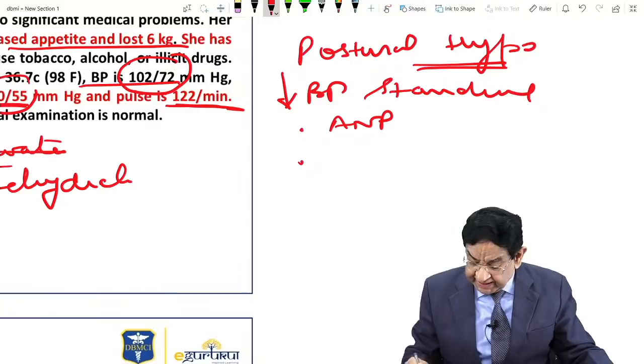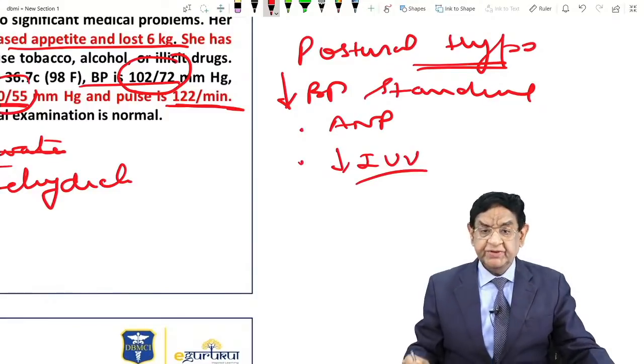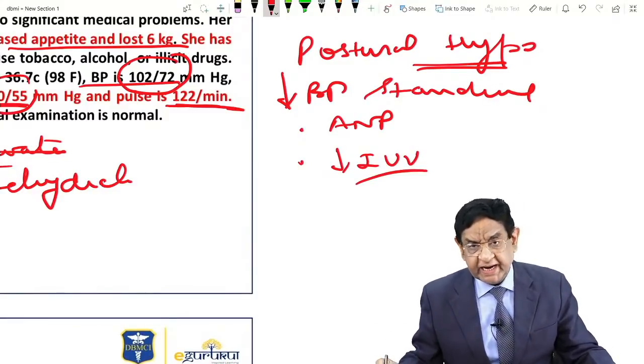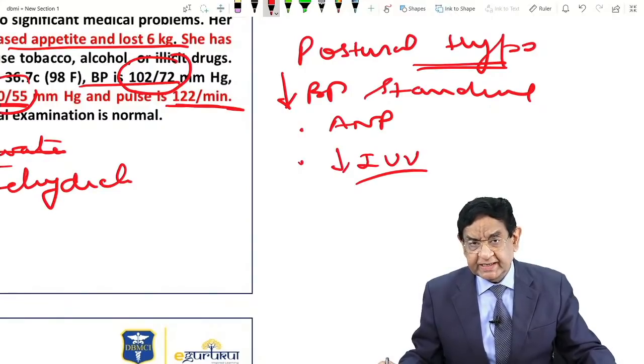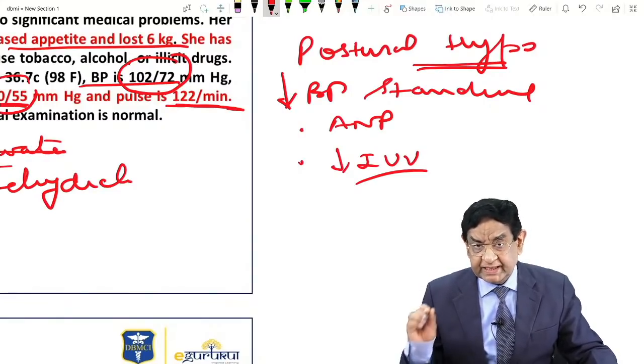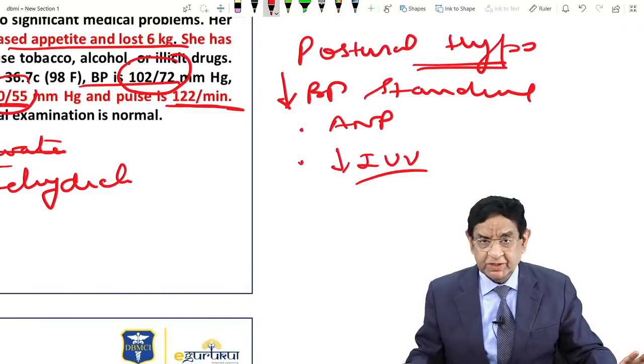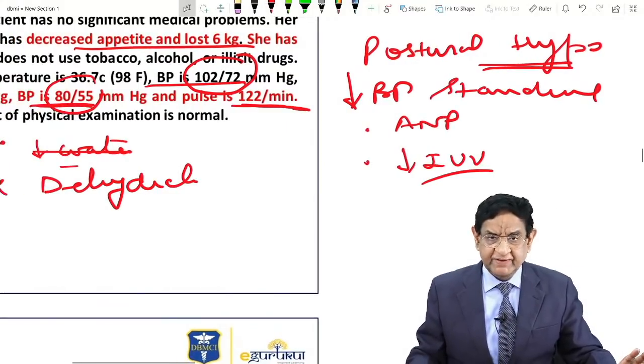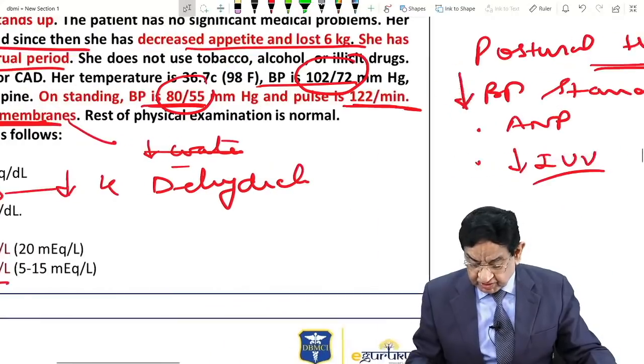Second is anything which leads to reduced intravascular volume, which is typically seen in any dehydrated condition. In our question, we are getting dehydrated. How do you know? Skin is dry. So one thing is very clear, that we are dealing with something which had reduced intravascular volume.